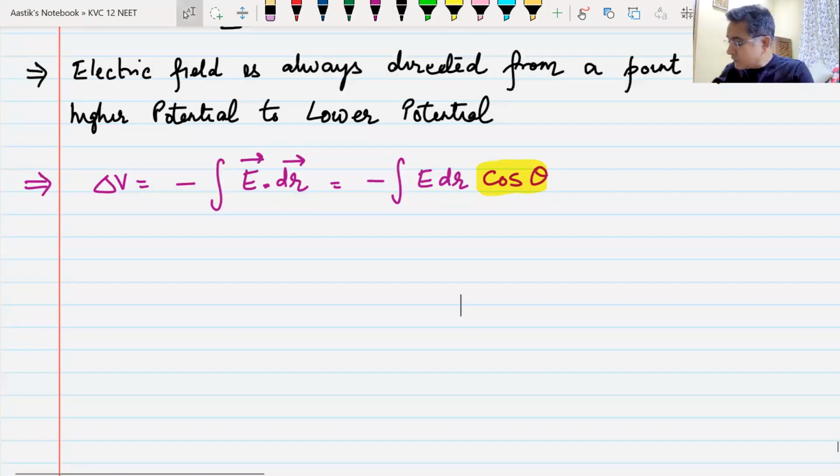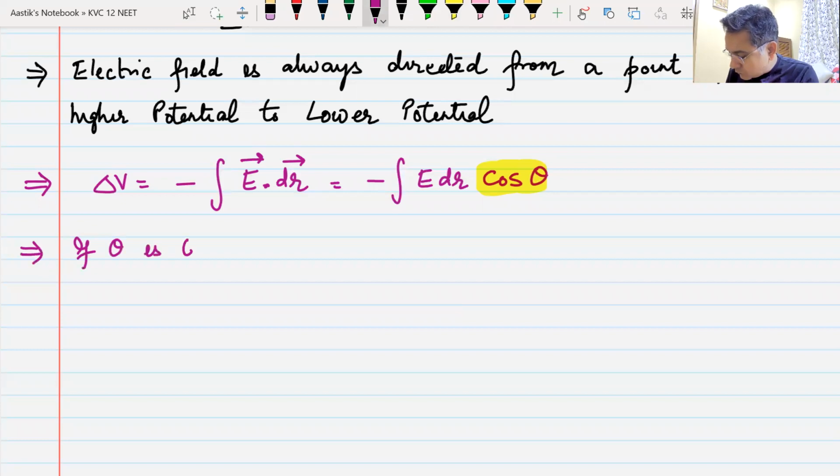So if theta is 0, then your potential difference will be minus E into dr because cos of 0 is 1.